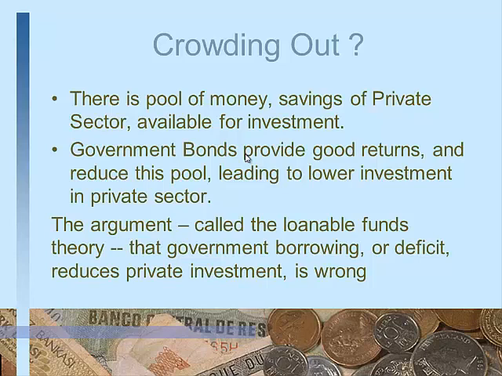So this is called the loanable funds theory, that there is a set of funds which can be loaned. It can be loaned either to the government or to the private sector for investment. And so if you loan these funds to the government at high rates of interest, then the investment will go down. So this theory is wrong. This is not how the world works.